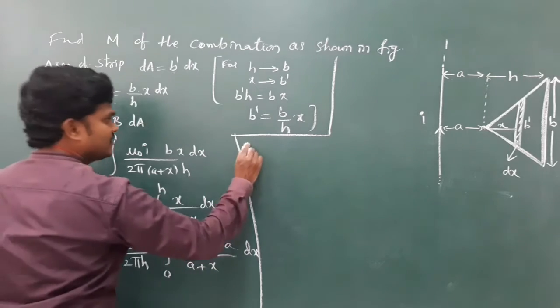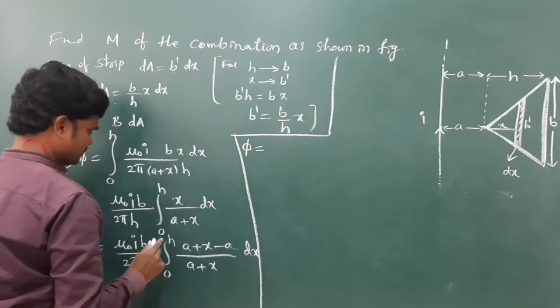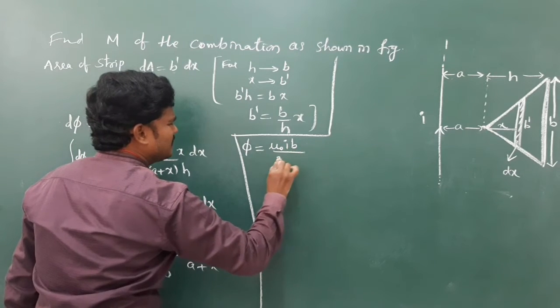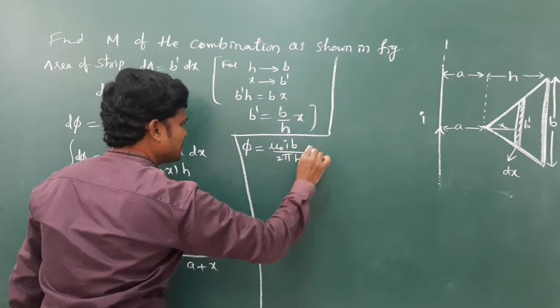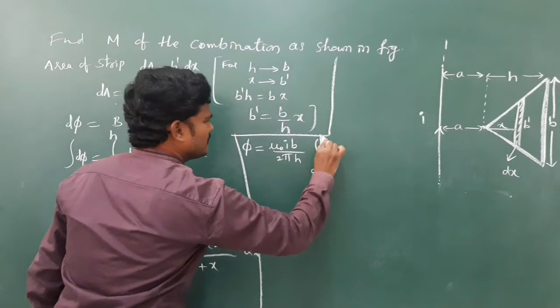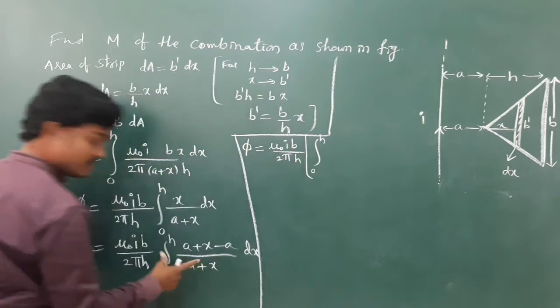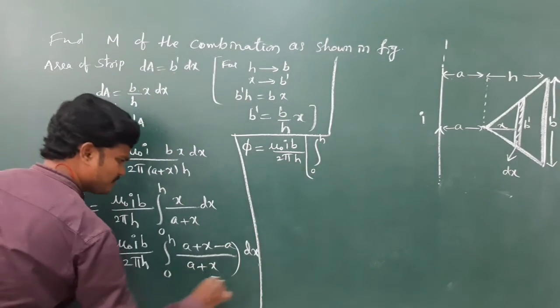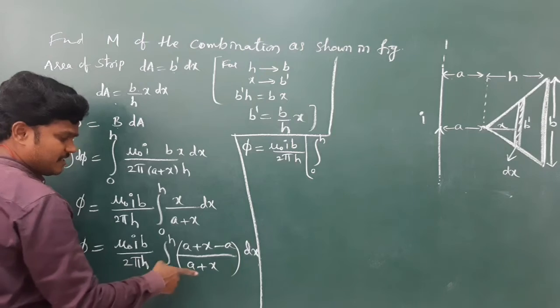So flux is equal to mu naught I b by 2 pi h, integral from 0 to h. Let us write in two parts: a plus x by a plus x is 1, multiplied by dx.